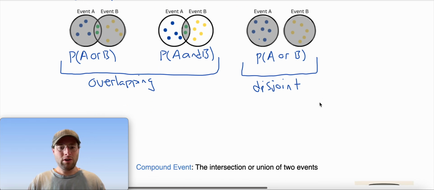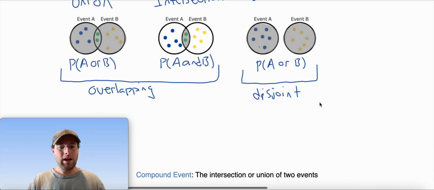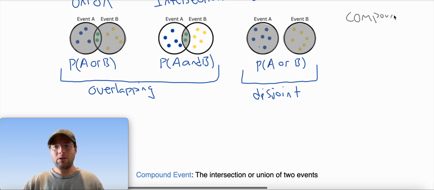Okay, so let's now define a compound event. A compound event is the intersection or union of two events. So looking back up here, if we think of the shaded region as a third event, a compound event, let's say that the shaded region is the compound event in each case.